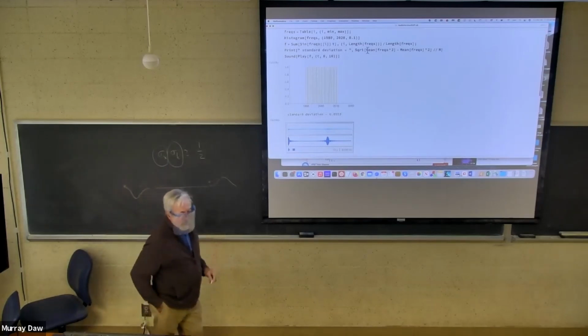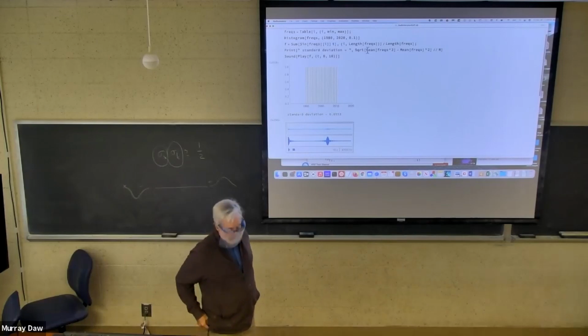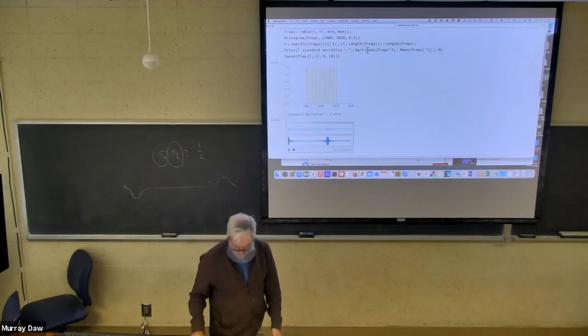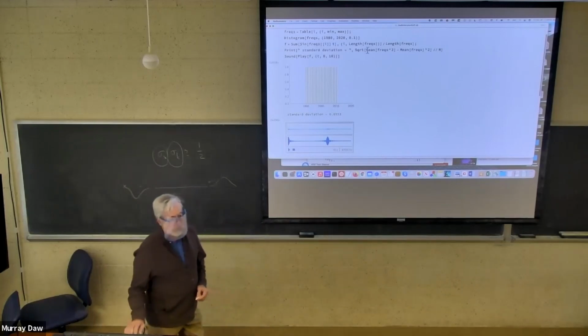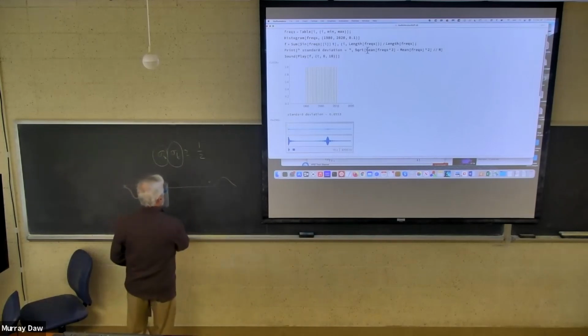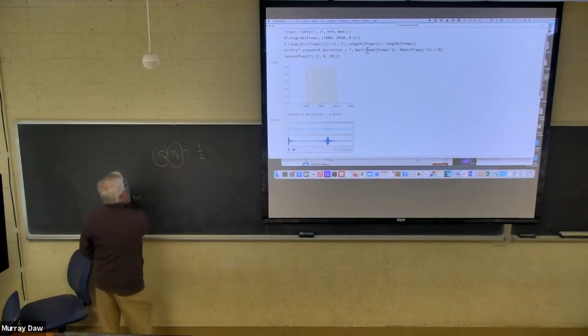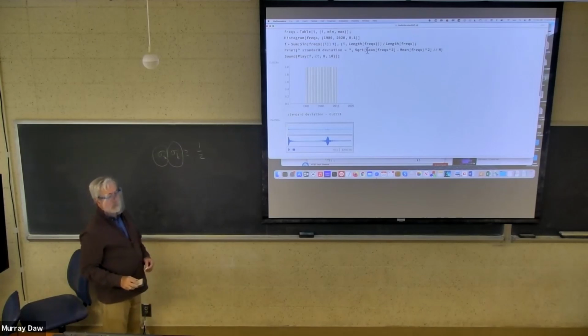So if you do the sum of a lot of your modes and their K, like the difference in the K values, if they're not close to the average, for example, the spread is really big.